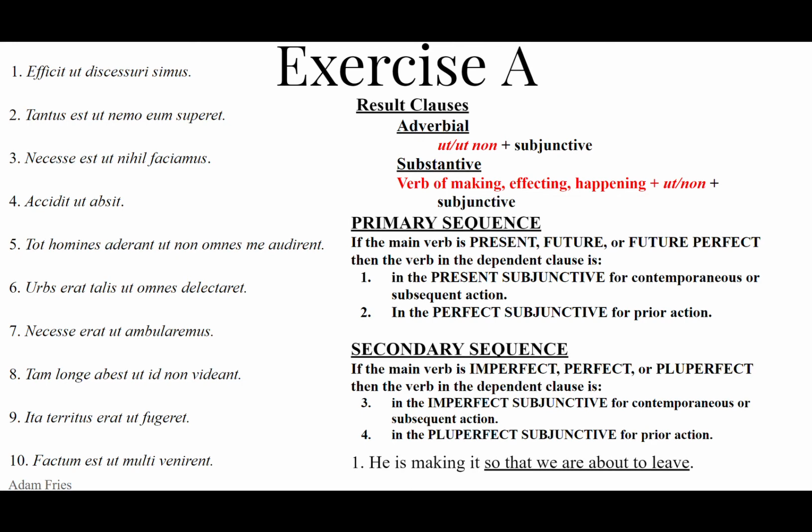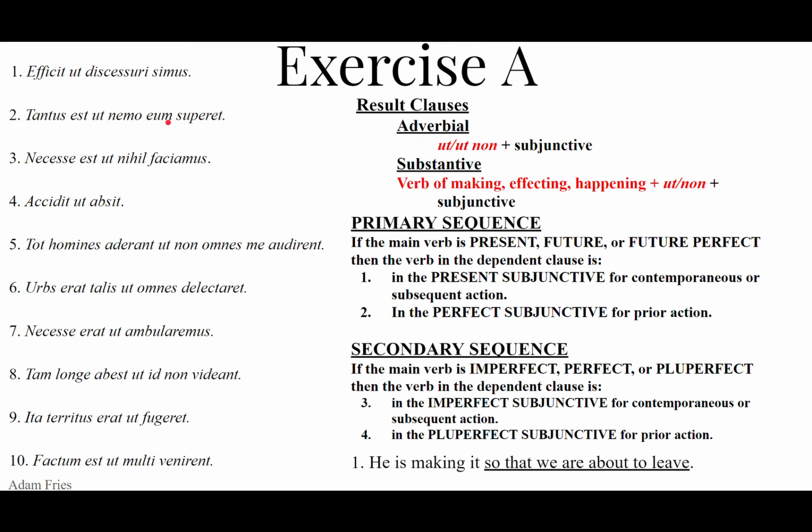That's going to be answered with an adverbial clause. With the result that ut nemo. Notice we don't have ut non, we have ut nemo. That no one, eum superet, no one may defeat, surpass, overcome him. He is so great that no one may overcome him.